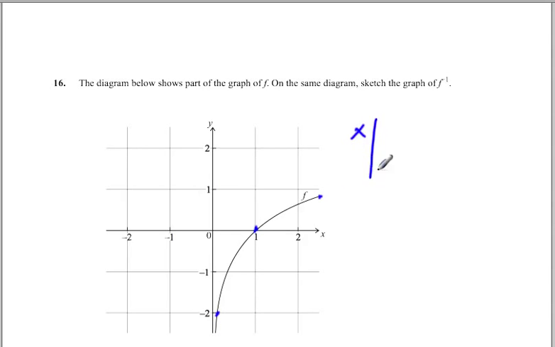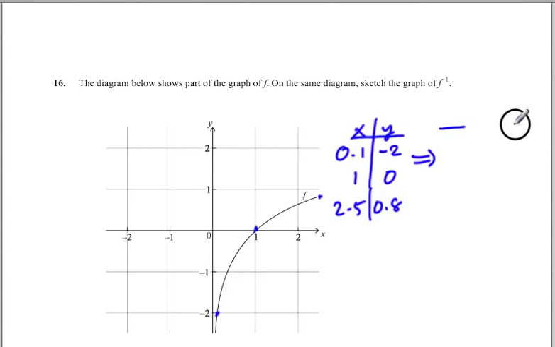So if we get our x, y, this is close to 0, so let's just say it's 0.1, negative 2. This one is 1, 0, and this one is, I would say, somewhere around 2.5 and about 0.8. Good.